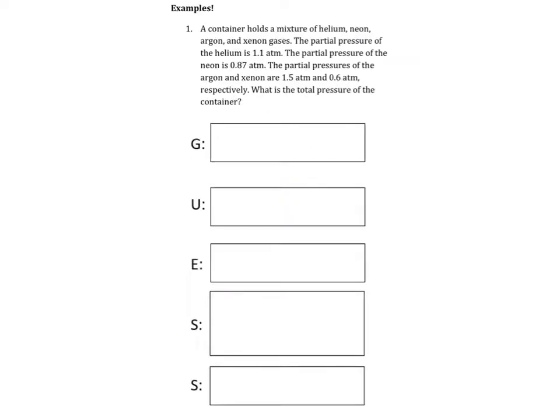So a container holds a mixture of helium, neon, argon, and xenon. We know it's a partial pressure problem, so we know the equation is going to be the total pressure is equal to the sum of partial pressures. The partial pressure of helium is equal to 1.1.